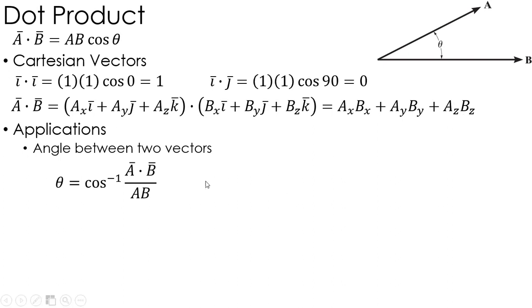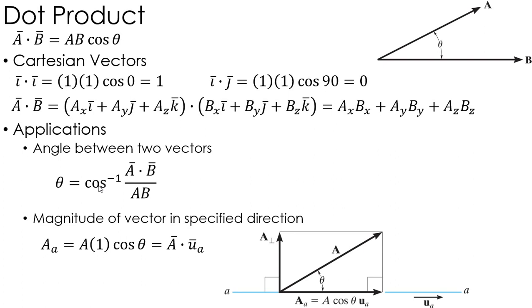So if I have two Cartesian vectors, and these can be any two Cartesian vectors, position vectors, force vectors, unit vectors, or any combination thereof, then just rearranging my definition and solving for the angle, I can find the angle between them by taking the dot product of the two vectors divided by the product of the magnitudes of the two vectors, and taking an inverse cosine of that. So that's one application of the dot product, to find an angle between two vectors.